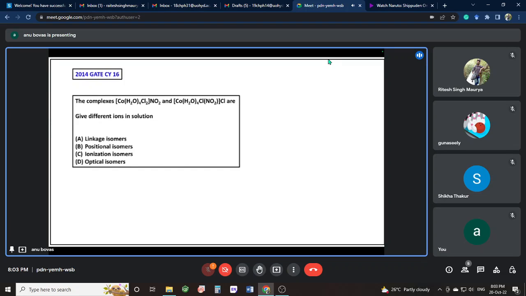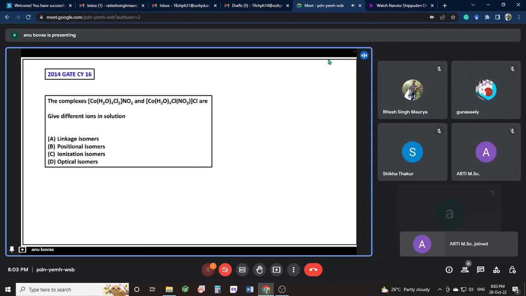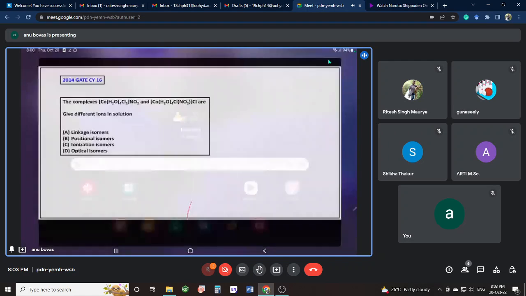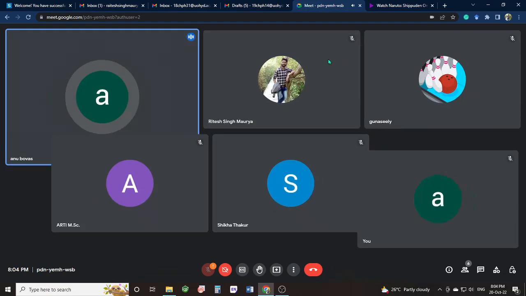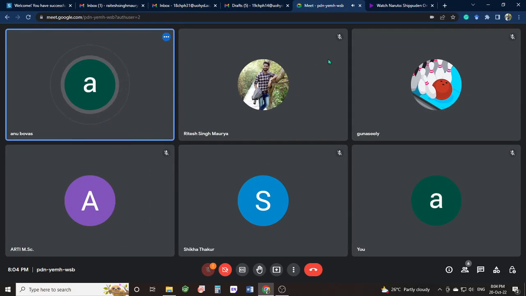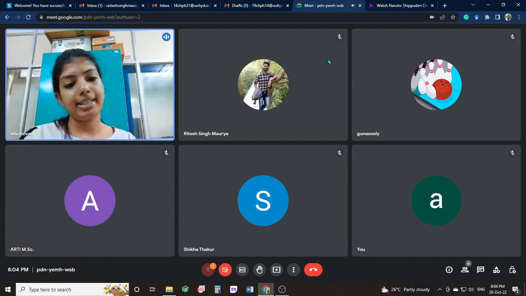Also we will learn about R and S configuration, and Tollens test, because I have seen in one paper they asked the Tollens test, Benedict's test, and in 2-3 papers they asked regarding the Tollens test. So that also we will be discussing in the next class, so that if any question is asked in the next exam regarding these chapters, this test and all, it will be easy for you.